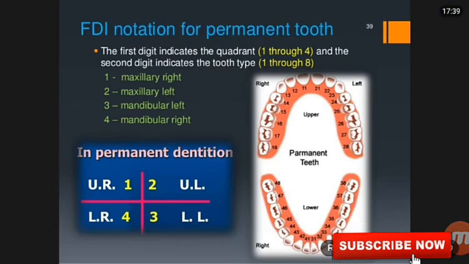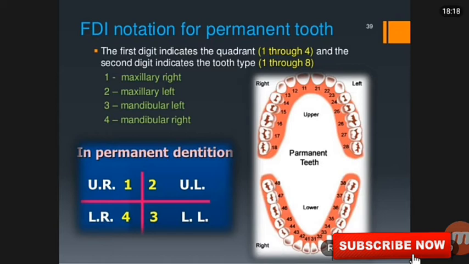So for the upper left canine, it will be indicated by 23, and 24 indicates the first premolar. 25 means the second premolar, and 28 means the upper left third molar.